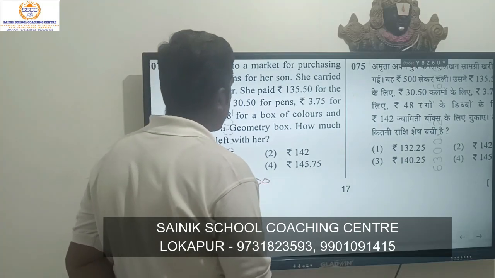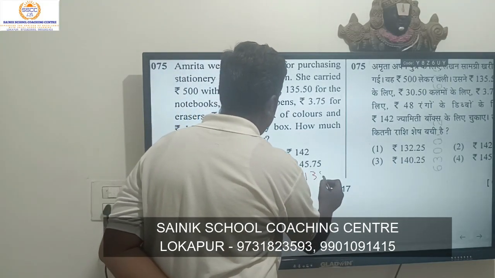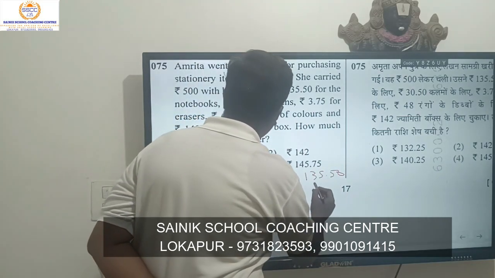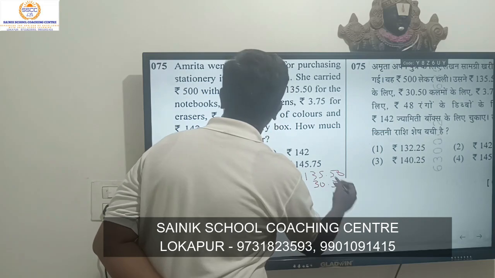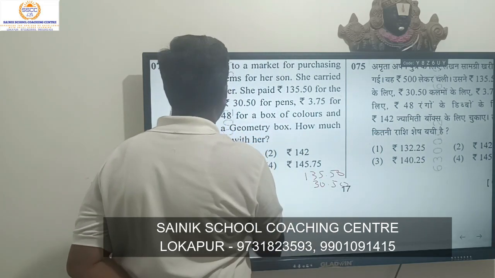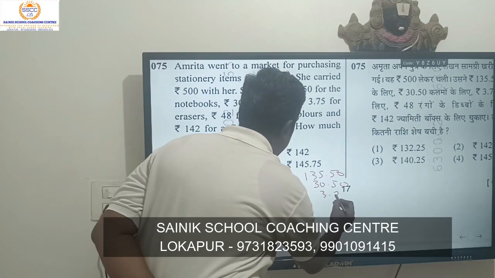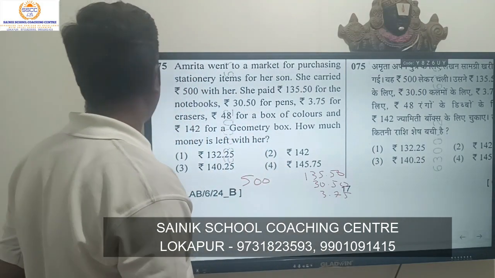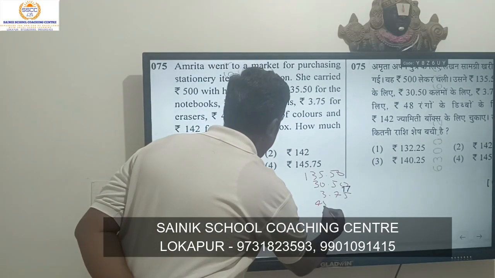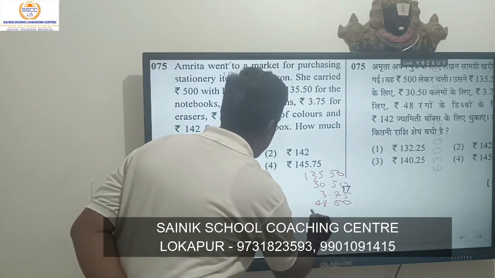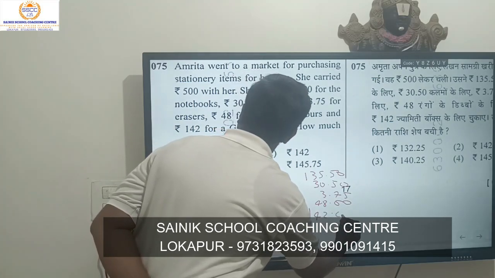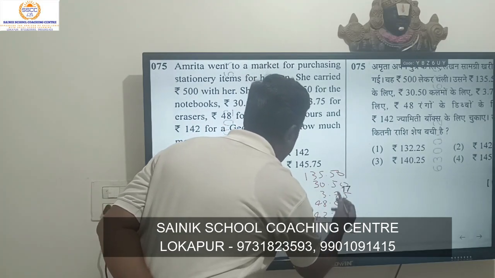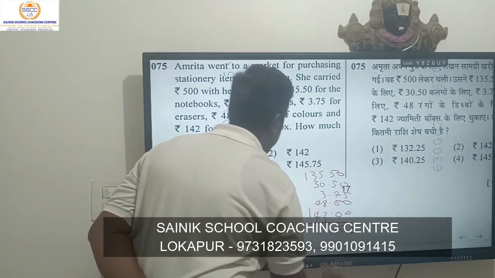She paid 135 rupees 50 paise for a notebook, 30 rupees 50 paise for a pen, 3 rupees 75 paise for erasers, 48 rupees for colors and 142 rupees for a geometry box.